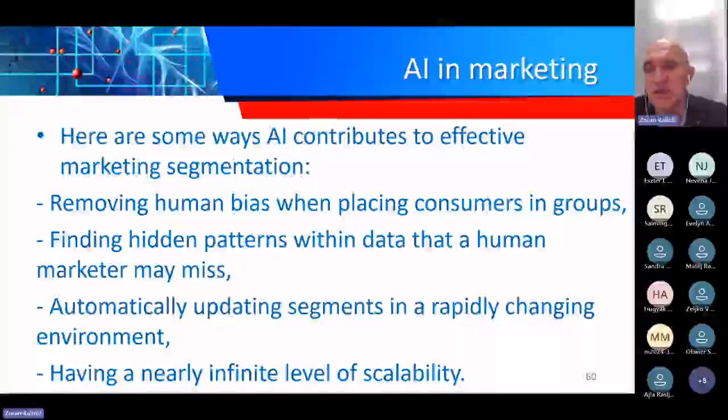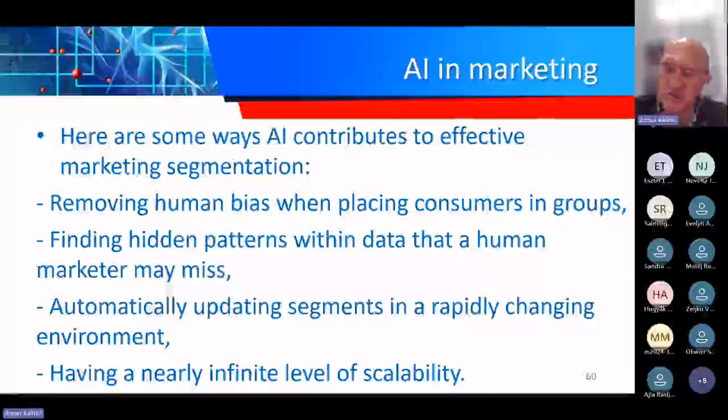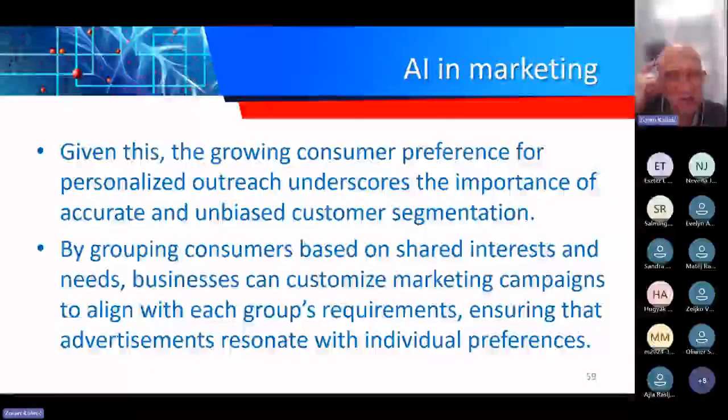It can automatically update if something is changing on the market, so you can have this segmentation in real time if you have the algorithm which can collect data in real time and then make some changes to the segments. And of course, it has a very high level of scalability. So you can use it for many more customers.